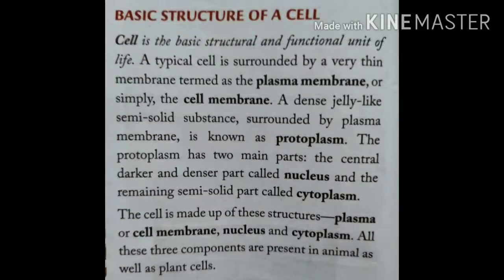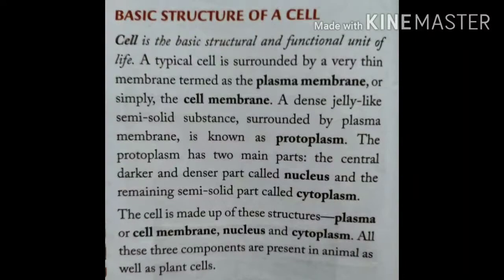All these three components are present in animal as well as plant cells. That means cell is the structural and functional unit. Cell is surrounded by a cell membrane or a plasma membrane.